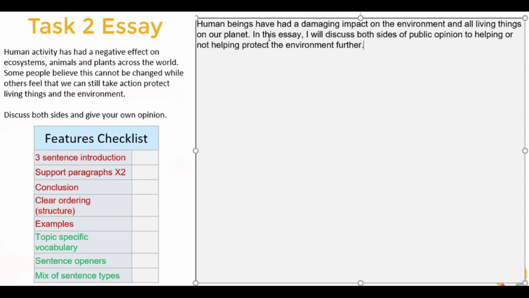Quite simply, that's just telling the examiner what I will be doing in this essay. It also signals to the IELTS examiner that I understand what type of question this is.